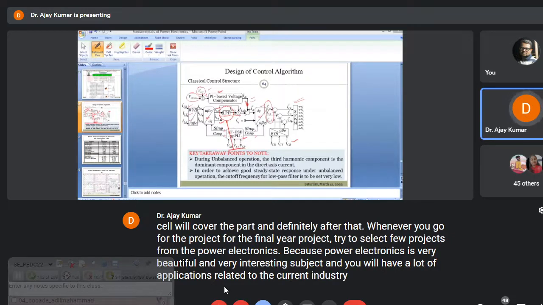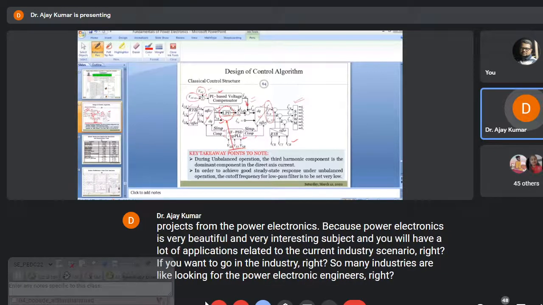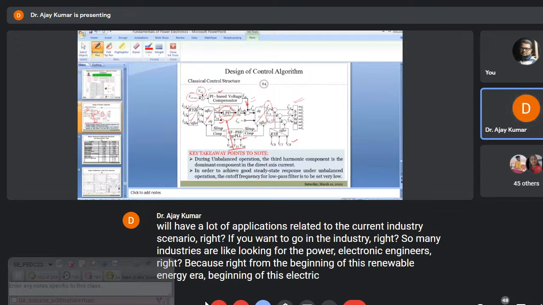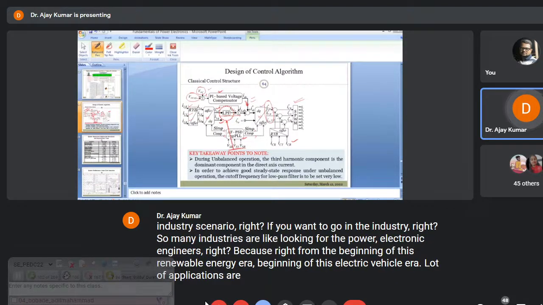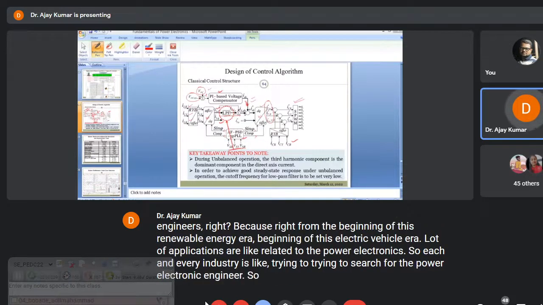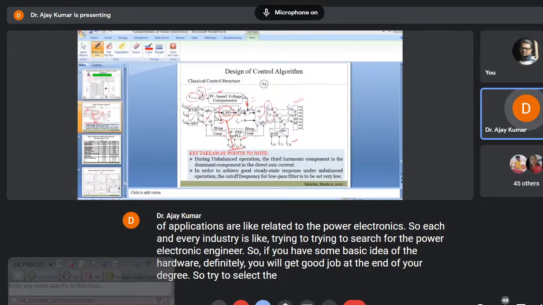Many industries are looking for power electronic engineers, because from the beginning of the renewable energy era and the electric vehicle era, a lot of applications are related to power electronics. So if you have some basic idea of the hardware, you will definitely get a good job at the end of your degree. So try to select your project from this domain.